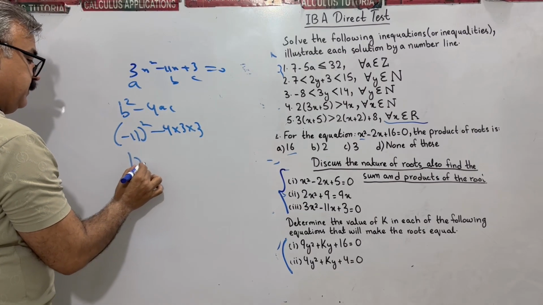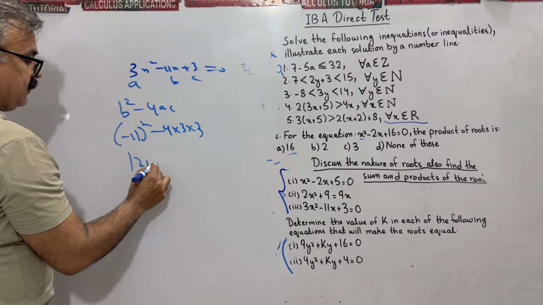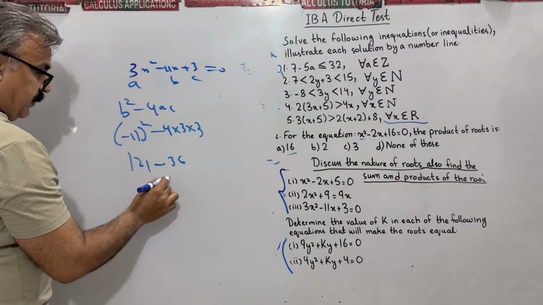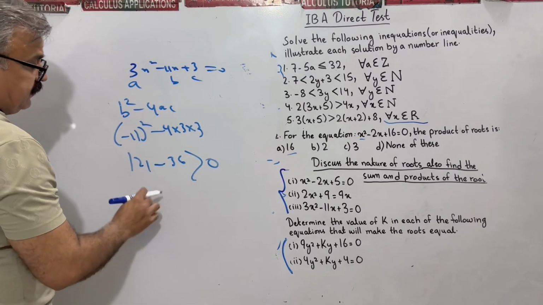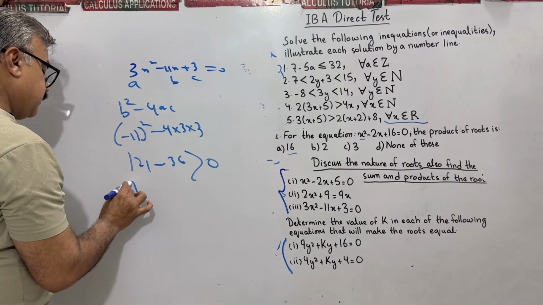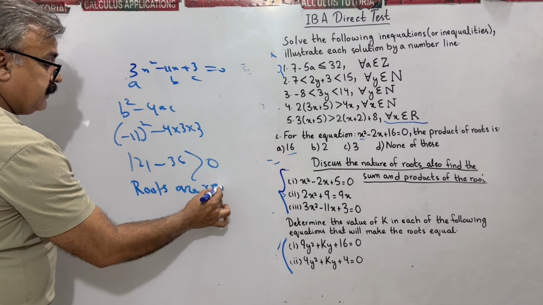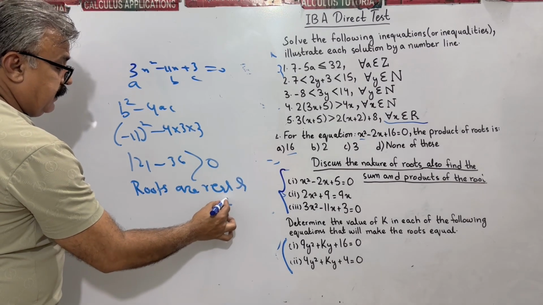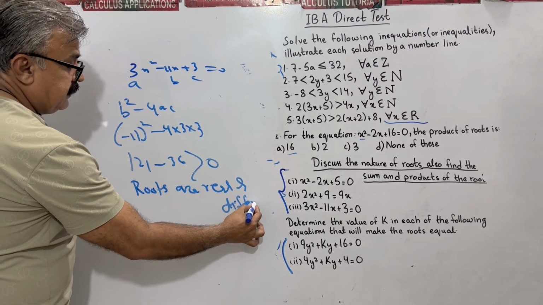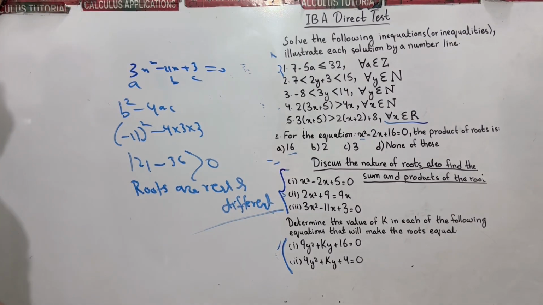It will become 121 minus 36, since 3 times 3 is 9, and 9 times 4 is 36. The result is positive. If the result is positive, then the roots are real and different in that case.